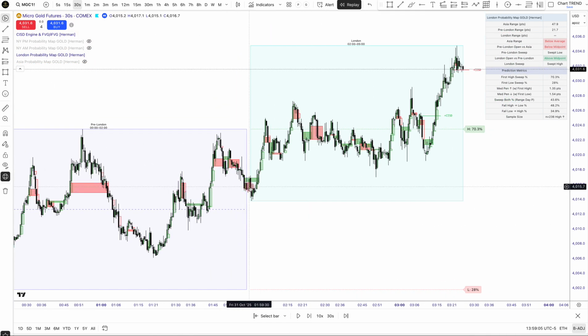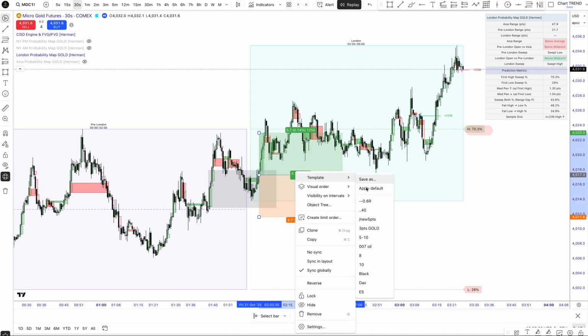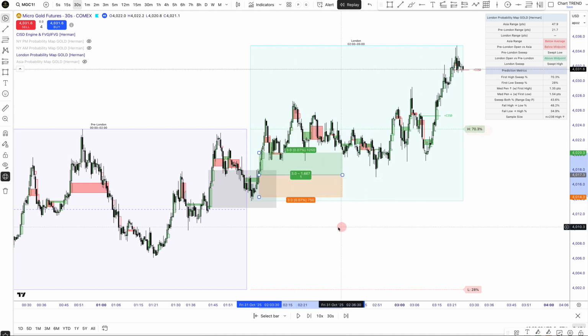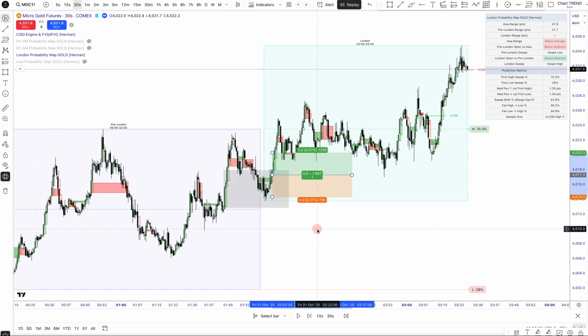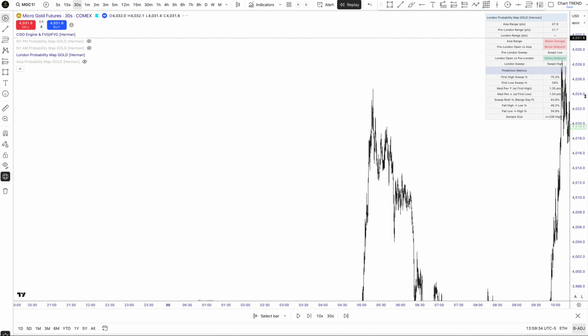As soon as we open up 2 o'clock, I can see that we are reacting off the singular fair value gap, so there is no reason for any sweep if we are inside of the fair value gap, and I can see that we start inverting towards the more probable high. So I would scalp for about 3 points, so that will be a winner. So that was Friday.